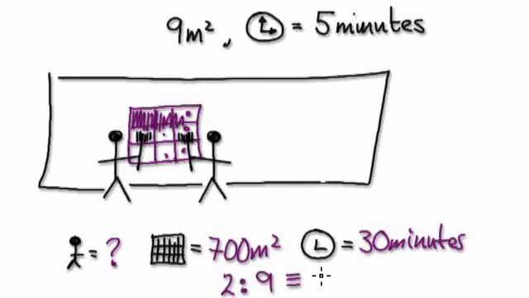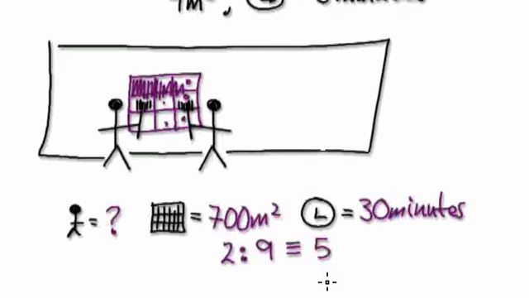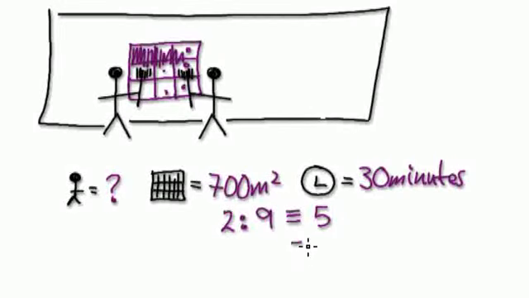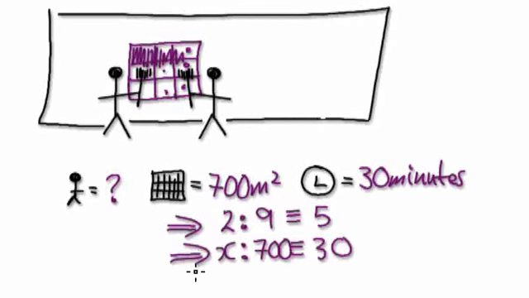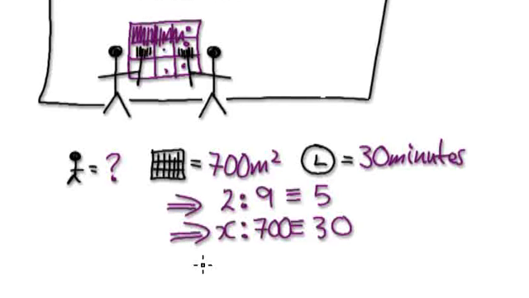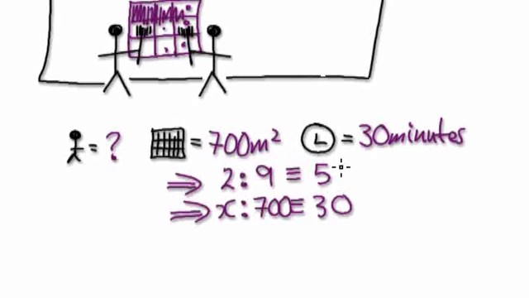That's the current situation. Now, what we want to get to is 30 minutes, and we want to know the number of employees. So X here represents the number of employees, and we want to get it to 700. So this is our start. This is our target. Now you've got to use reasoning here.